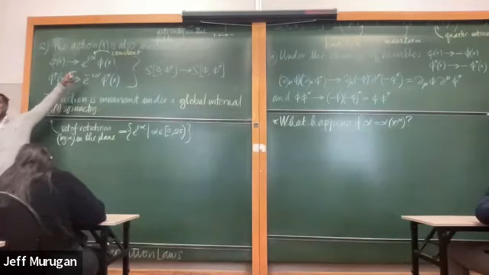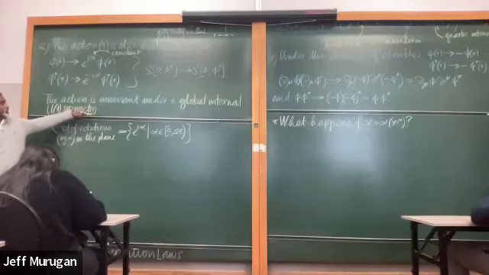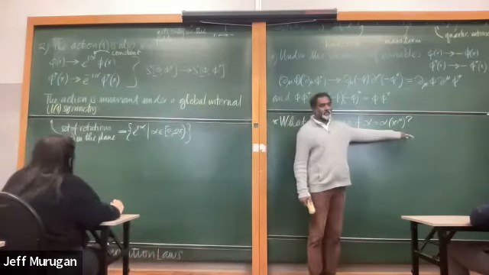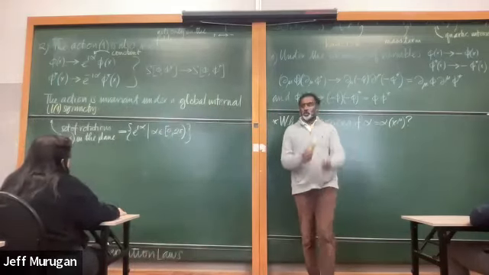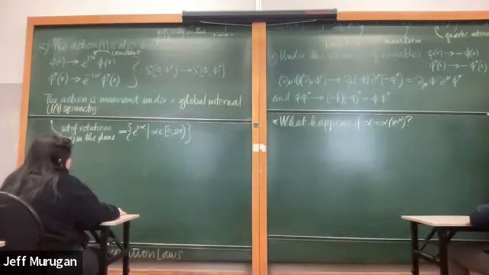Okay, I've given these fields phi and phi star some additional phase. Right? In this case, where I'm talking about a global internal U1 symmetry, the phase is constant. Now I ask, what happens if this phase change we make depends on where in space-time we make it. Okay.